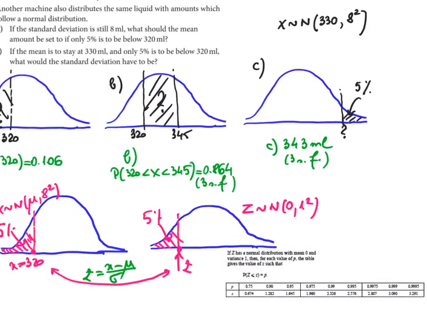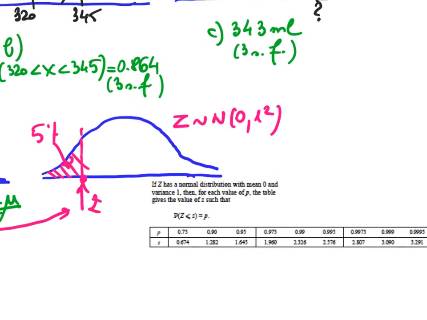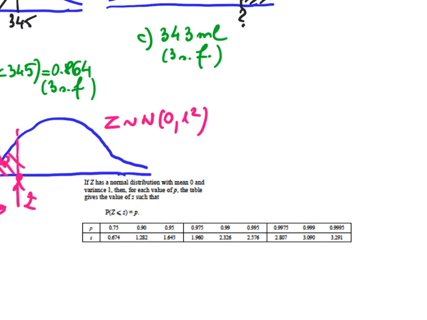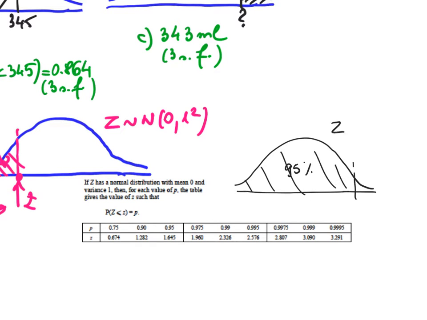So if you look at your formula booklet, 5% to the left is the same, and that's probably a faster way to do it, almost as looking at 95% here on the same Z distribution.